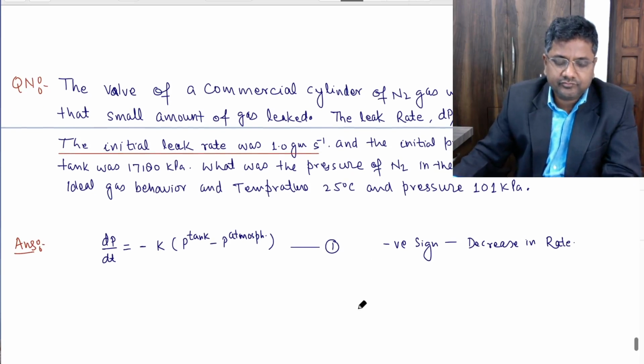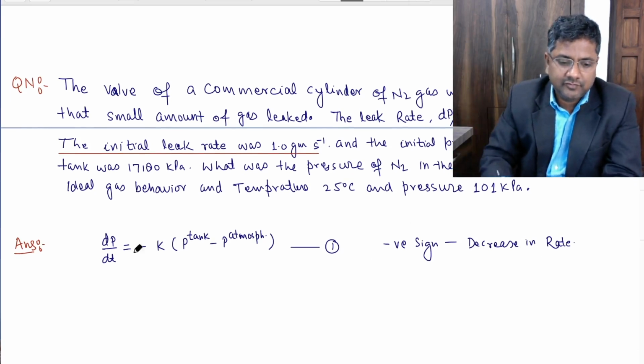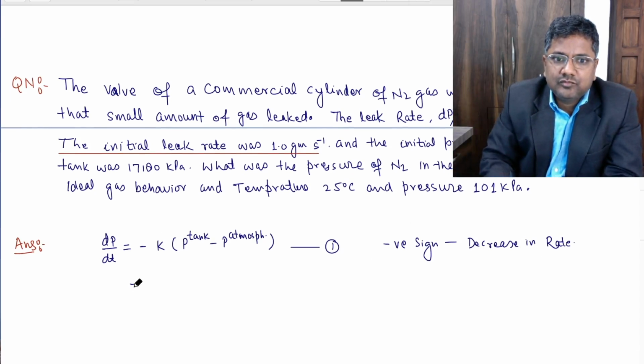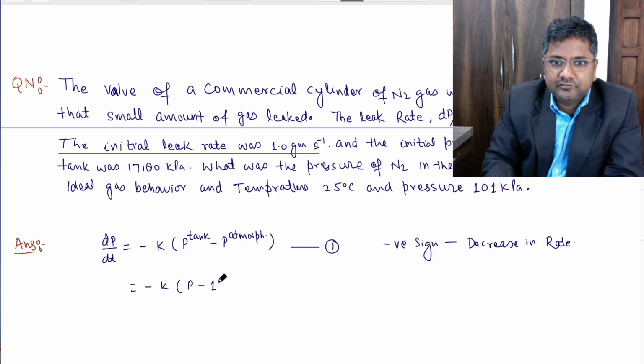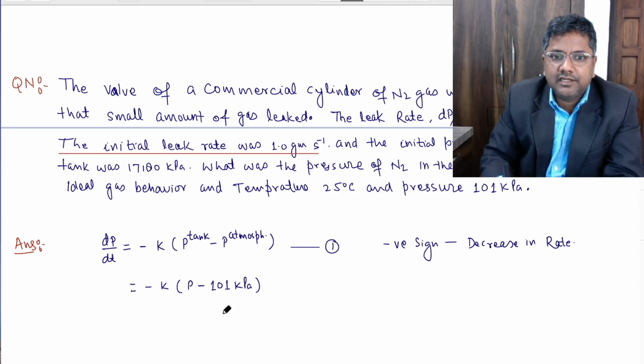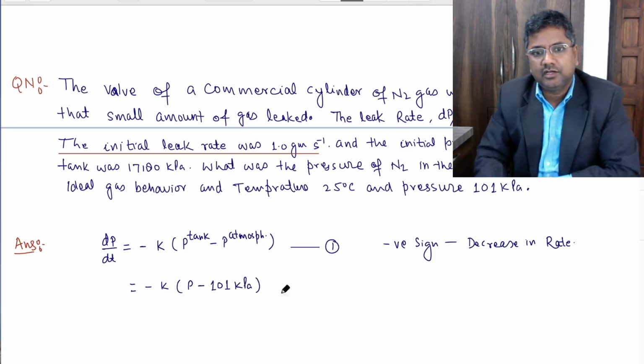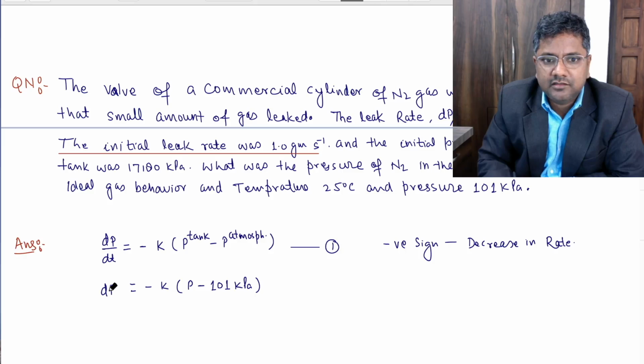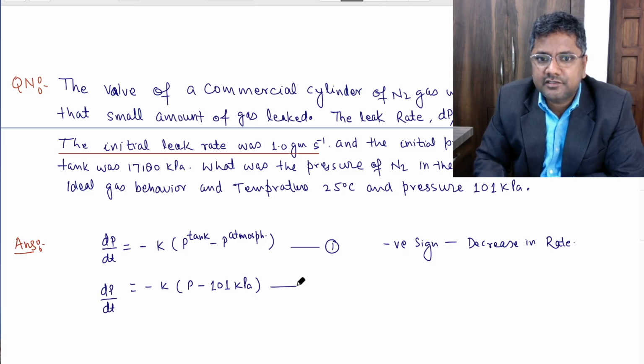So dP by dt is equal to minus K times (P tank minus P atmosphere), where P atmosphere is 101 kilopascal. This is equation 1 dash.